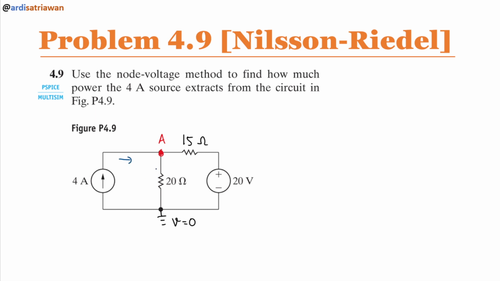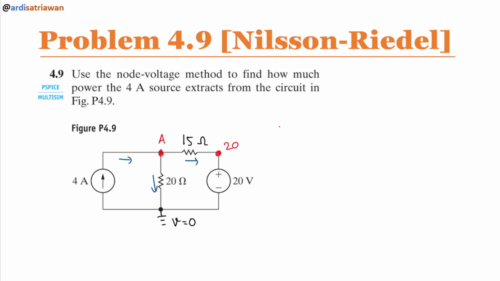And then maybe assuming this goes down here, and assuming this goes to the right here. And then we know that from this voltage source, which has 20 volts here, we know exactly the value of this node here, which is 20 volts from the ground. So we will have this as 20 here.